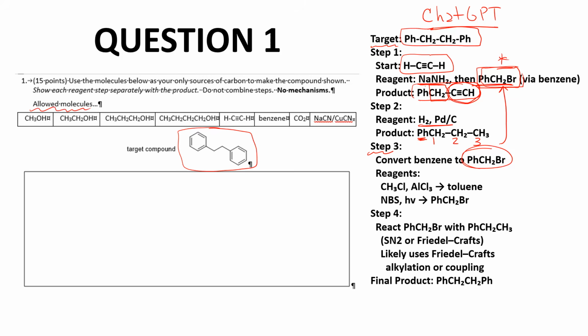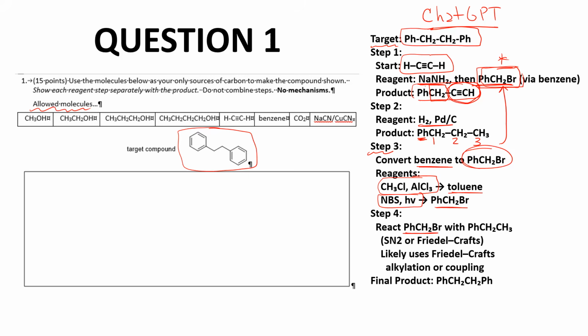So that's what ChatGPT does. It says, okay, we can go from benzene and do a Friedel-Crafts alkylation to get toluene, and then we could do a radical halogenation of toluene to get there. These reactions are things that my students would be familiar with, so this answer is reasonable for my students to see.